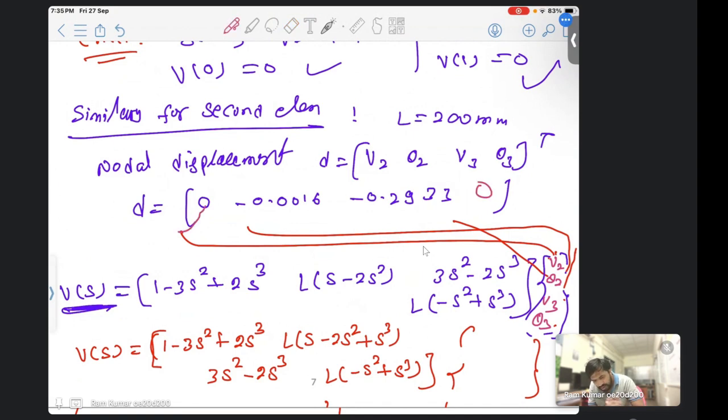So this is our v2, theta 2, v3 and theta 3.